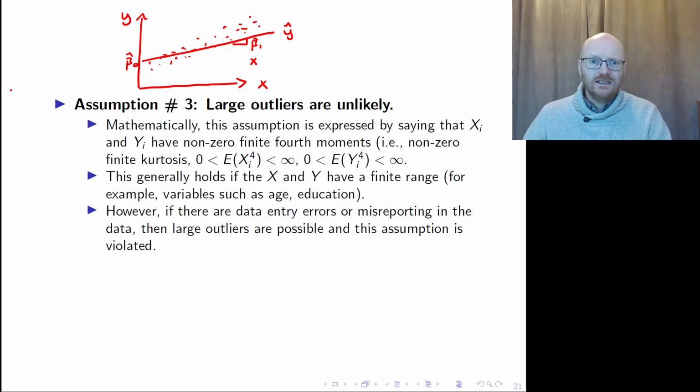And mathematically, we just say that the x variable and the y variable should have non-zero but finite fourth moment. So we say that we have non-zero finite kurtosis, okay?